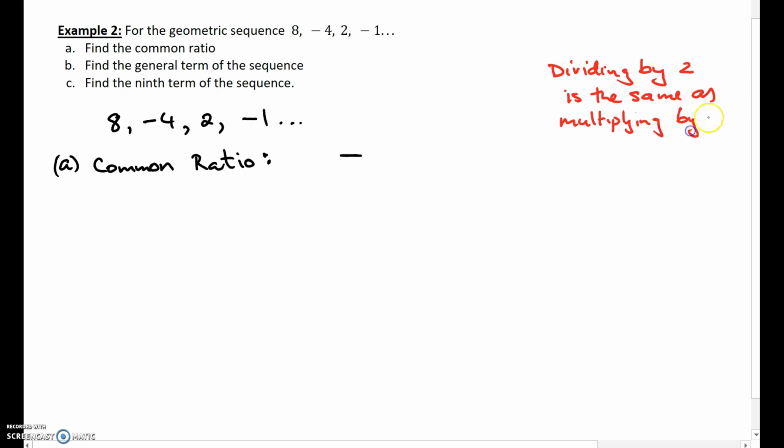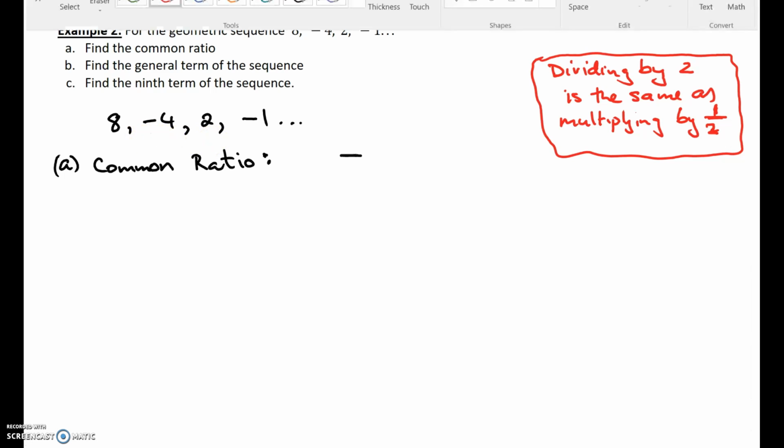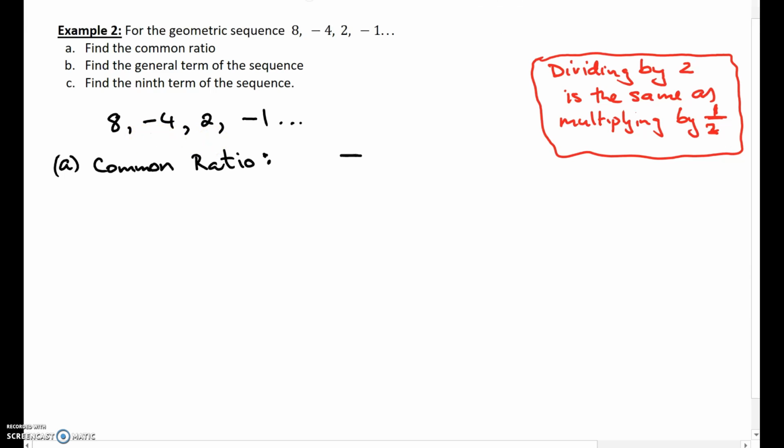Now, a lot of you maybe know that already, but just in case you don't know it, it's something that is very useful to learn. Dividing by 2 is the same as multiplying by 1/2. So we're dividing the numbers by 2, which means we're in reality multiplying by 1/2.